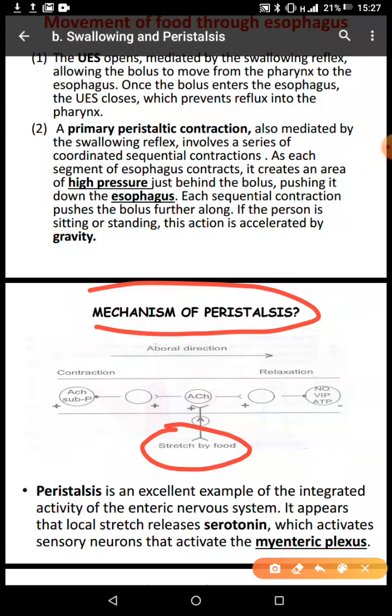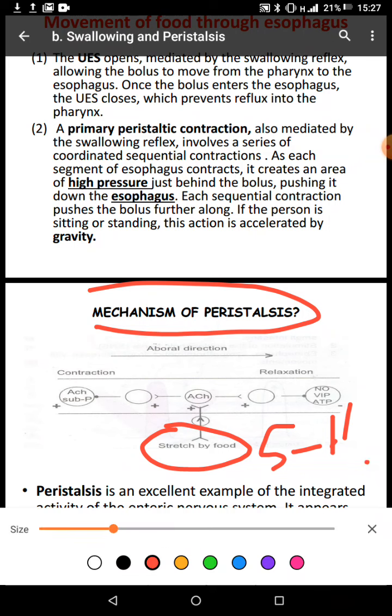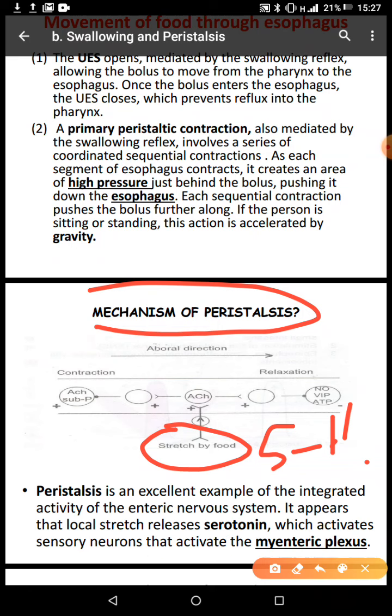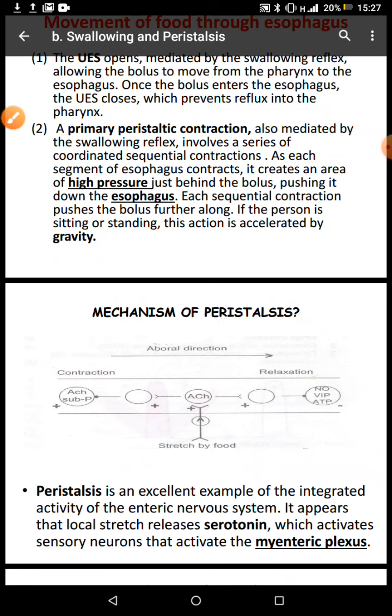When the stretch receptors become activated, there's a release of serotonin, and it appears that when serotonin has been released, it activates sensory neurons that activate the myenteric plexus.